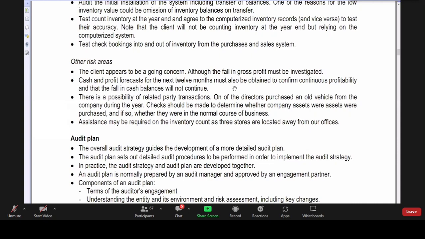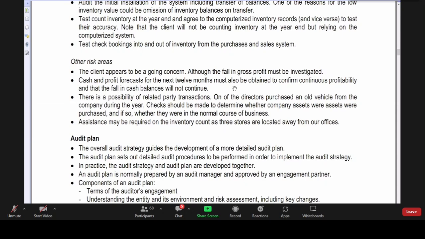We talked about the related party transactions where a director purchased a motor vehicle. Was it at arm's length, or do you need to look into it further? Will there be any assistance needed in respect to stock take? Because there are 3 stores that are far away from your offices. Would you need to get another person to do some stock take, or would you rely on work done by an auditor?